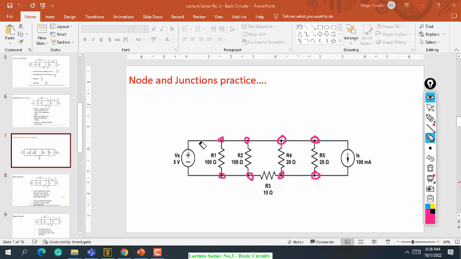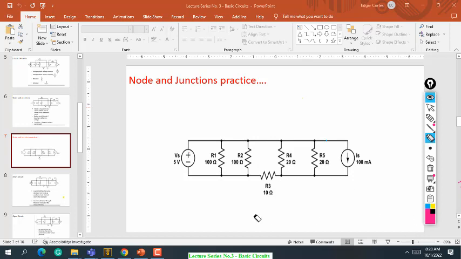Here we have three, so we call that a junction, like a crossing on the road. Did you get the definition of a junction? I hope the junction is clear.